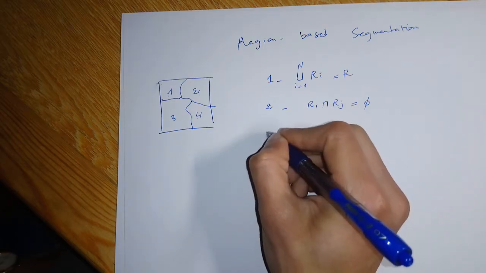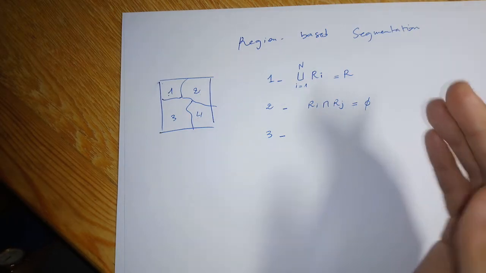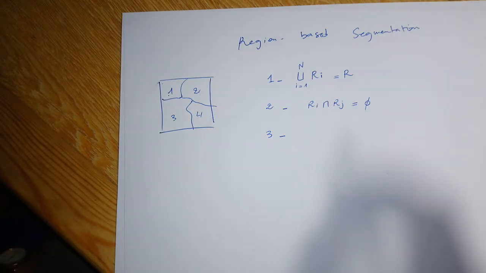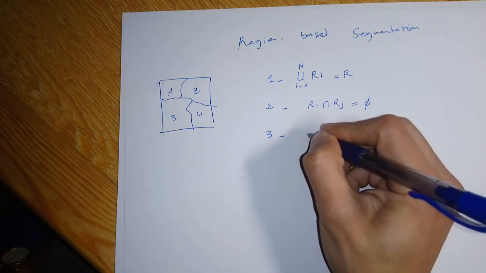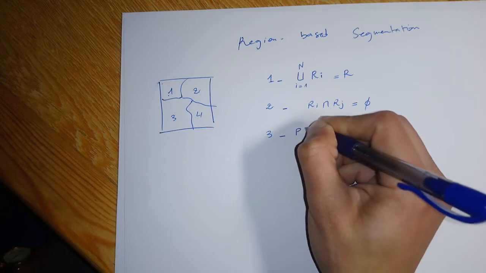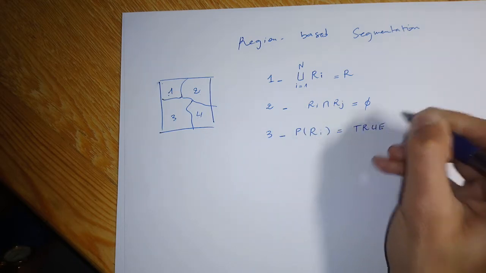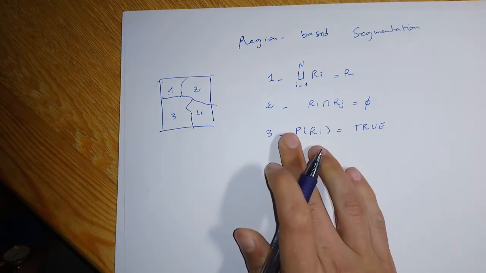The third rule is that a given region must satisfy a similarity property. For example, a region Ri must satisfy a similarity property, and this is represented by P for predicate.